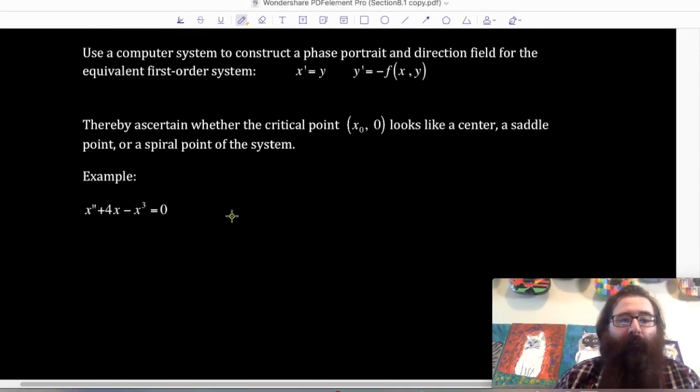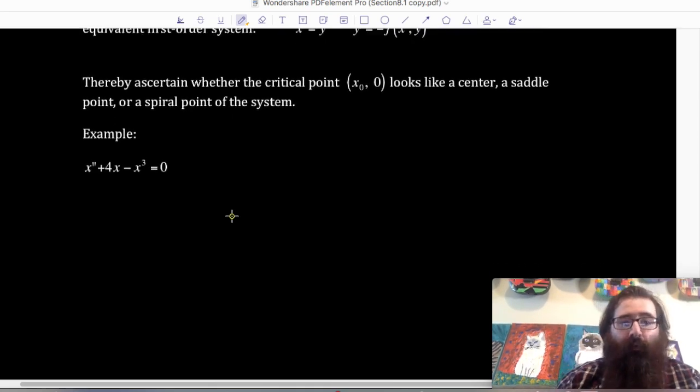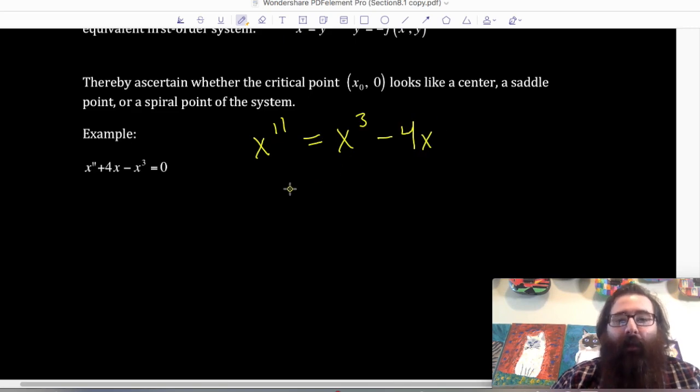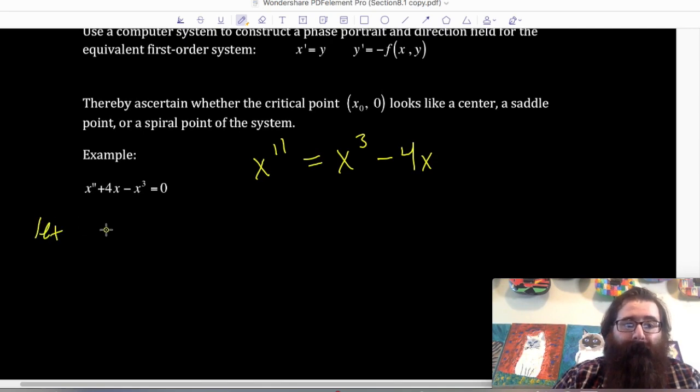So here we have x double prime plus 4x minus x cubed equals 0. First thing I want to do is solve for x double prime. So x double prime is equal to, I can add x cubed over, and then subtract 4x. Now I'd like to build this into a system of first order differential equations. I'm going to start with this substitution, where we let x prime be equal to y.